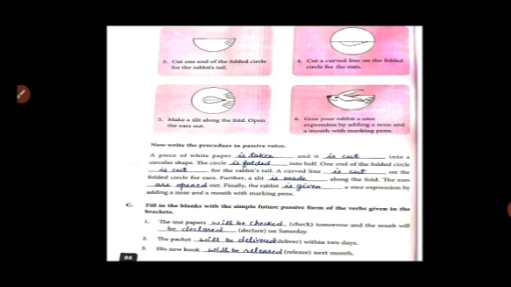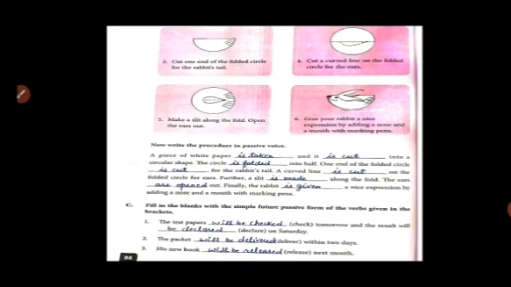A curved line is cut on the folded circle for ears. Further, a slit is made along the fold. The ears are opened out. Finally, the rabbit is given a nice expression by adding a nose and a mouth with marking pens.